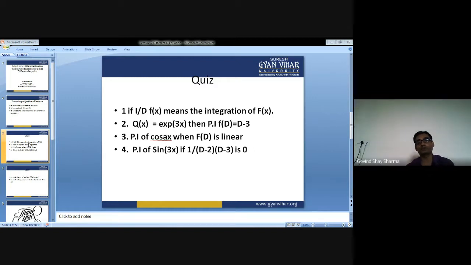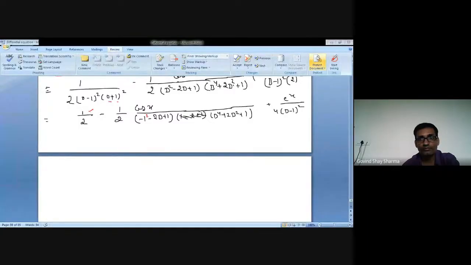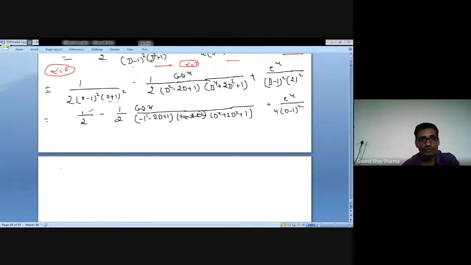I can take this with explanation. Given that fd is linear.